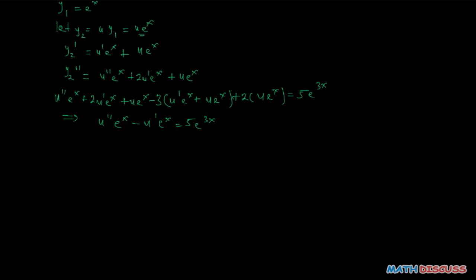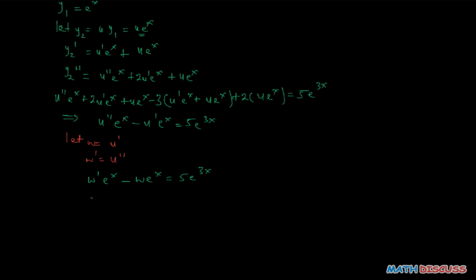Let w equal u prime, then w prime would be u prime prime. So this becomes w prime e to the power x minus w e to the power x equals 5e to the power 3x. So this is a linear but non-homogeneous differential equation.